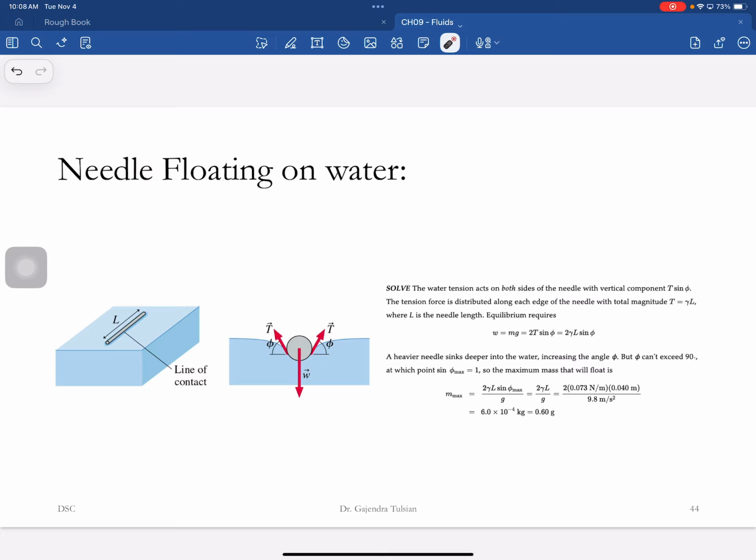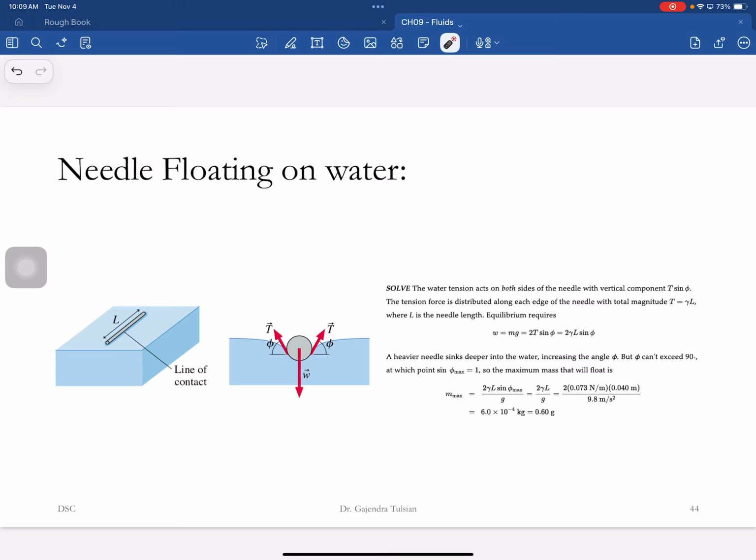So the weight is being balanced by twice the tension times sine of this angle. This component of the tension is sine phi, and this component is canceling it. So the weight is being balanced by that. And the tension force is the surface tension times the length of the needle.